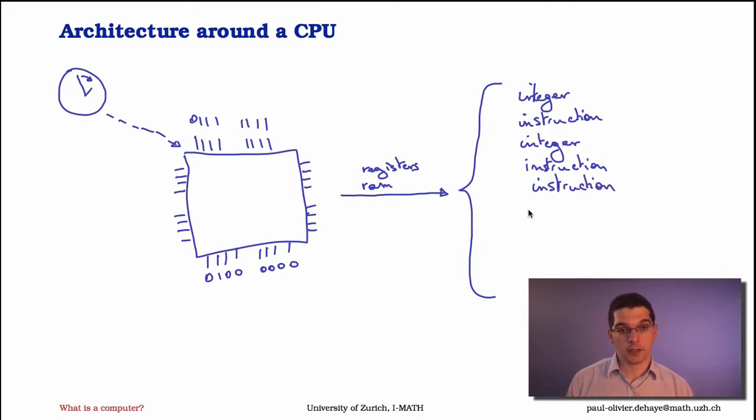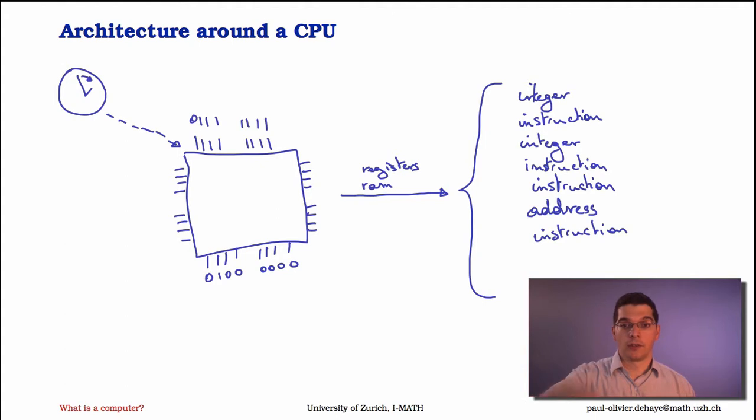And then it could be, let's say, a memory address, and yet another instruction. Something like that. You have to remember that those are all zeros and ones, and they really have different meaning each time depending on the convention that is used.